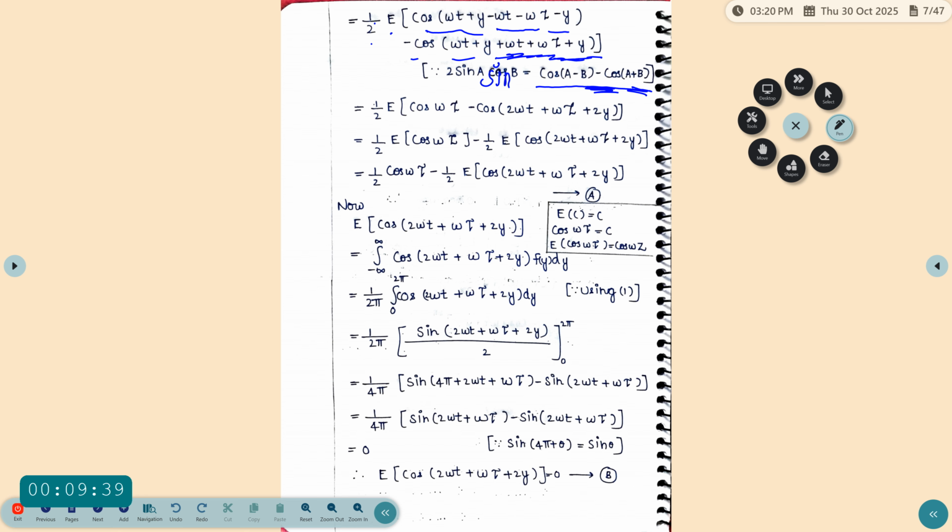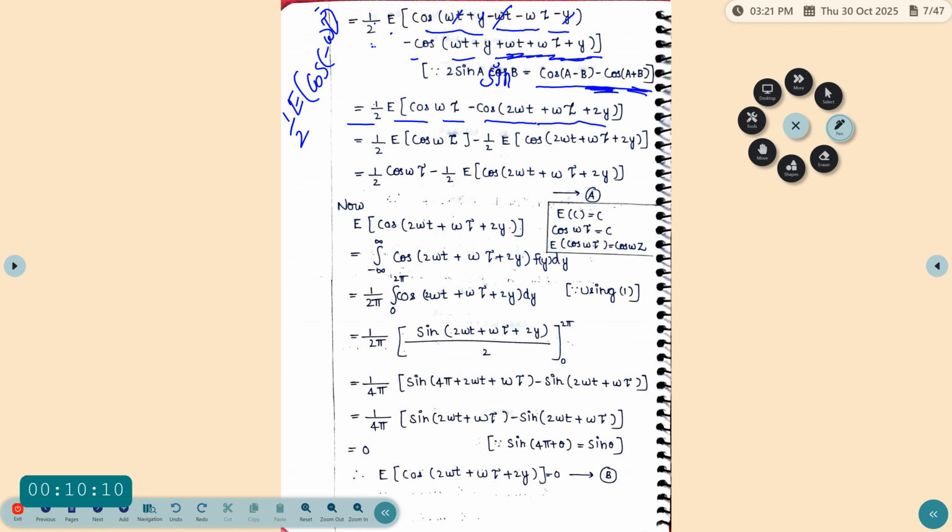So this term equals 1 by 2 into the expectation of cos(omega tau) minus cos(2 omega t plus omega tau plus 2y). Because here minus omega t and plus omega t get cancelled, minus y and plus y get cancelled. We get 1 by 2 into the expectation of cos of minus omega tau.